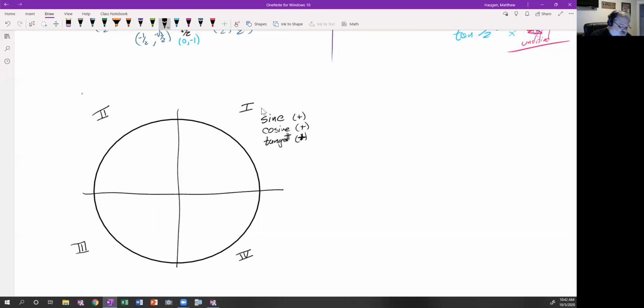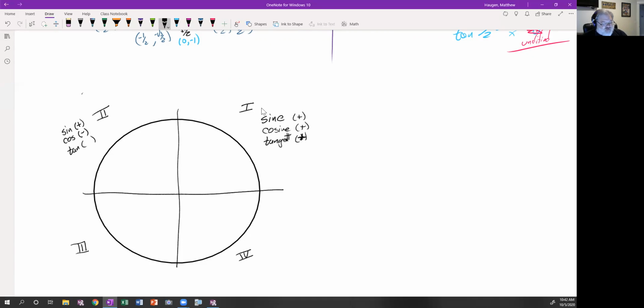In quadrant 2, I'm just going to go with the abbreviations, our sine is positive because our y values are positive, but our cosine becomes negative because our x values are negative. Tangent is the ratio between the y's and the x's.